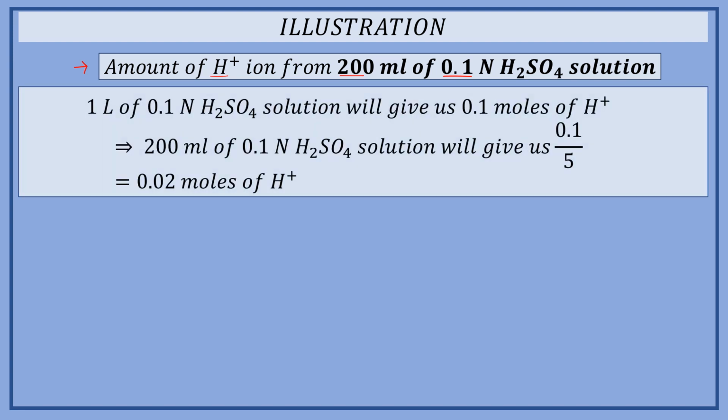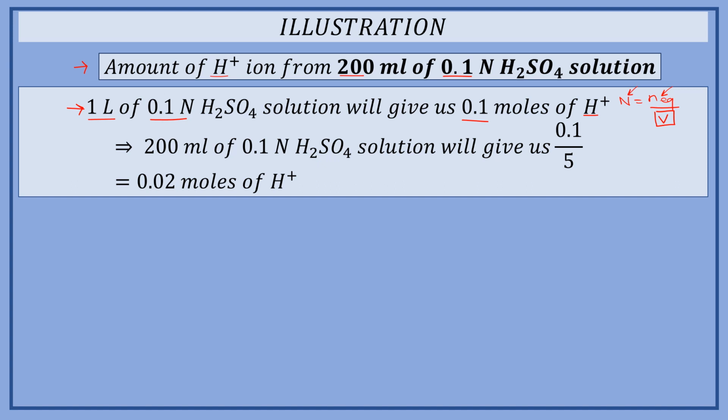By following the definition of normality, we can say that 1 liter of this 0.1 normal H2SO4 solution will give us 0.1 moles of H plus ions. This is because normality gives us the number of equivalents present in a given volume of a solution. If we put the volume as 1 liter, then the number of equivalents will be equal to normality.